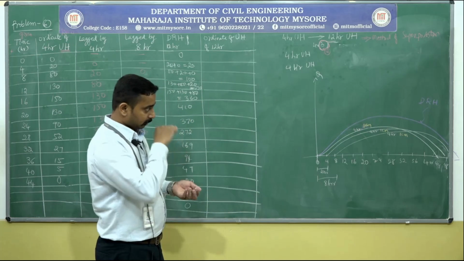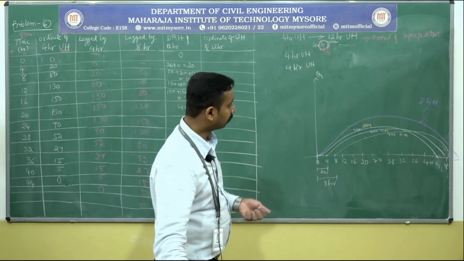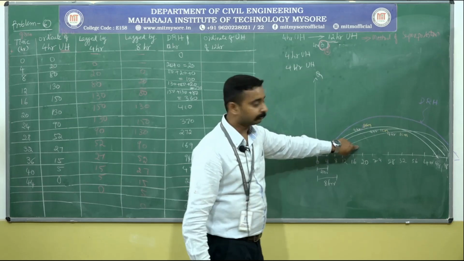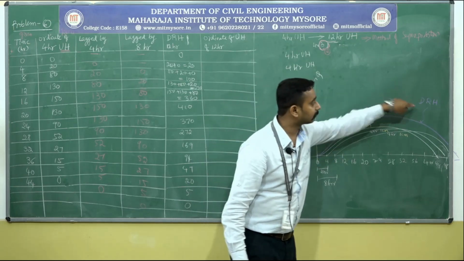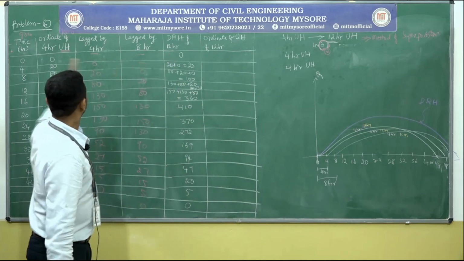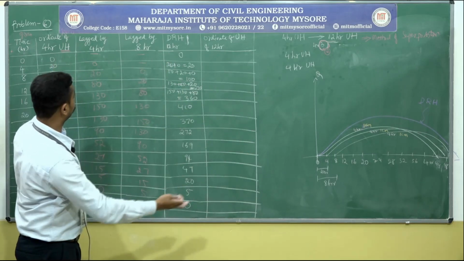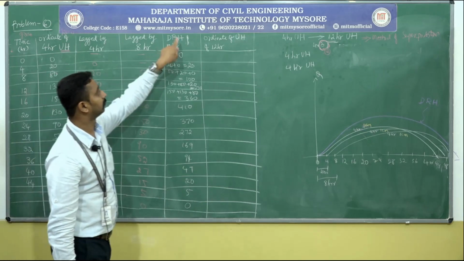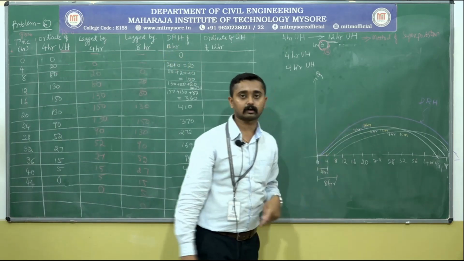Now, by adding the individual 4-hour unit hydrographs, you will end up with the direct runoff hydrograph. This is the first 4-hour unit hydrograph, lagged by 4 hour, again lagged by 4 hour. By adding all the ordinates, you will end up with the direct runoff hydrograph.